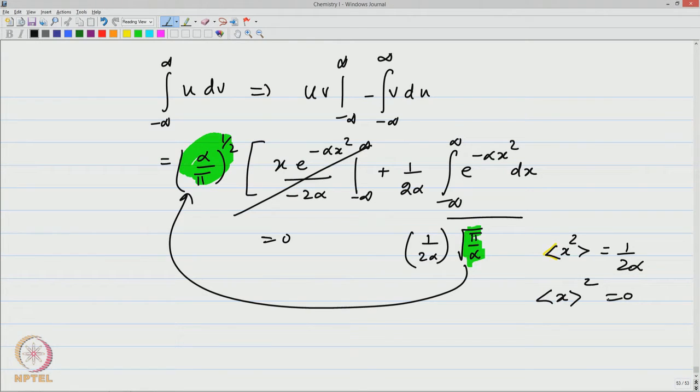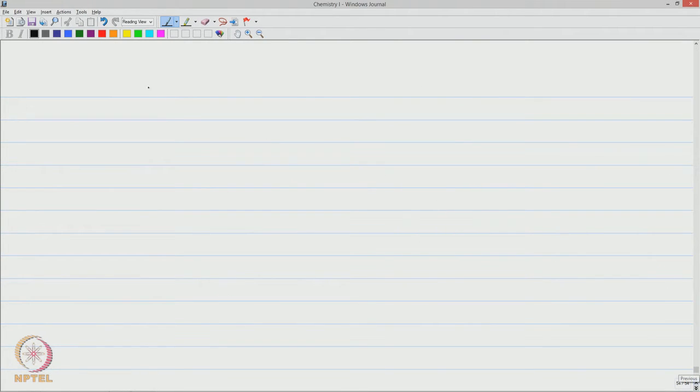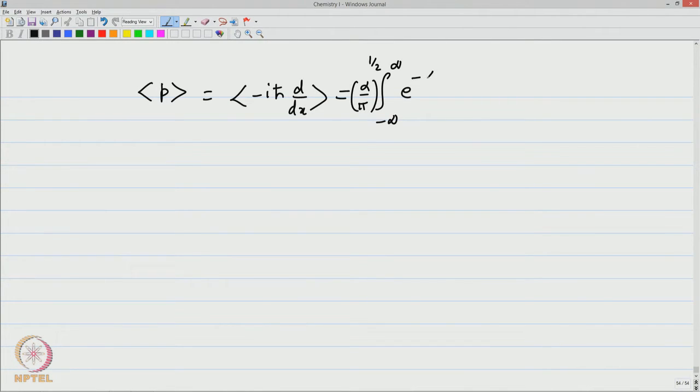Now, it is easy to show that the average value of p, which is the expectation value of the derivative operator minus i h bar d by dx, is given by alpha by pi to the 1/2, integrated between minus infinity and plus infinity, e to the minus alpha x squared by 2, the derivative minus i h bar d by dx, e to the minus alpha x squared by 2, dx.